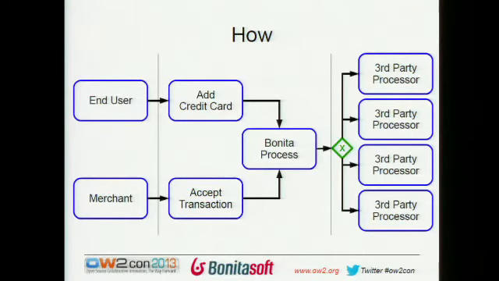By processor, I mean Visa, MasterCard, and so on. This way, when you need to add a new processor or partner, you don't redesign the whole application or push a whole application online again. You just add a new sub-process and update the few parts of the main application needed to handle the new processor.